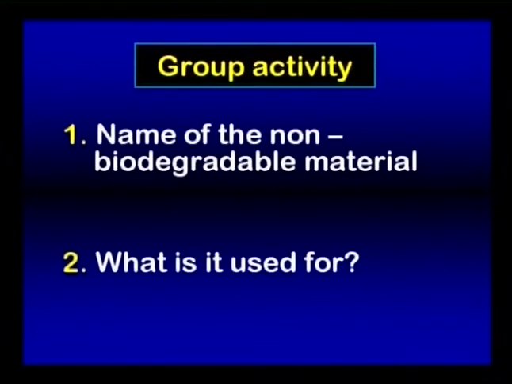I will give you 2 minutes to write the name of that non-biodegradable material down. Running out of markers, so you are going to use your pen if it doesn't work, okay? Name of that non-biodegradable material. 2 minutes, quick. Use your pen.